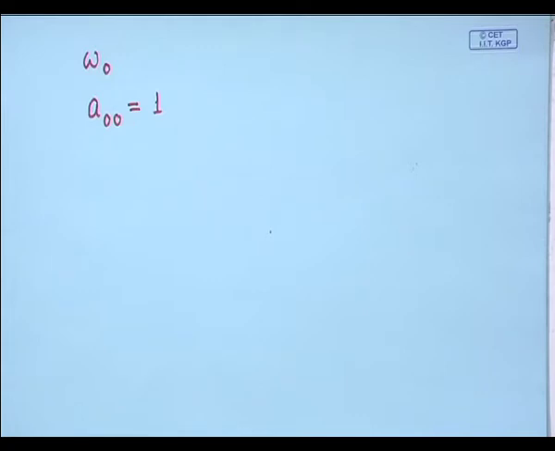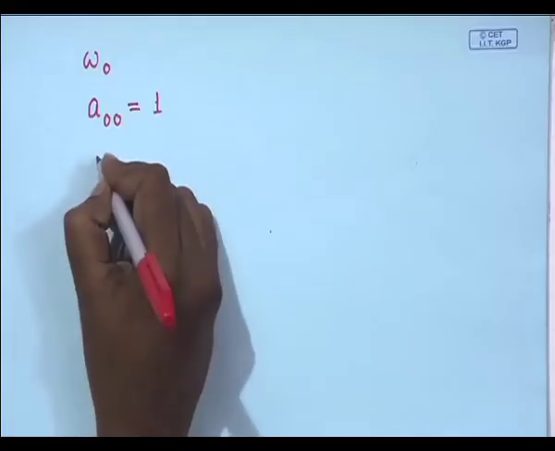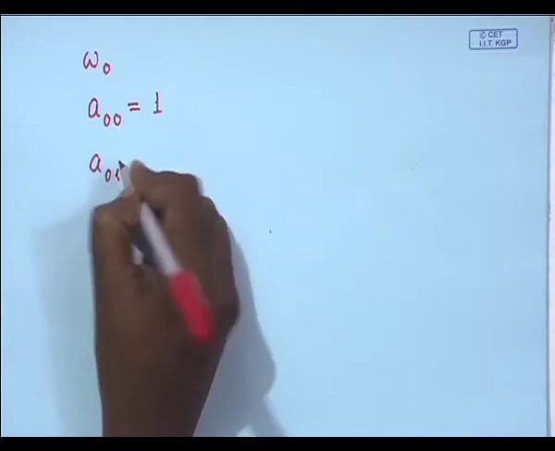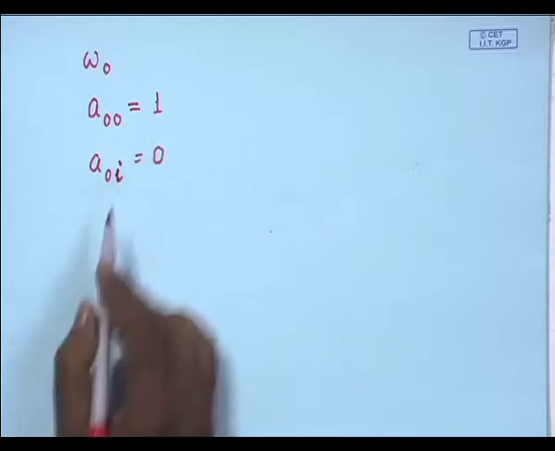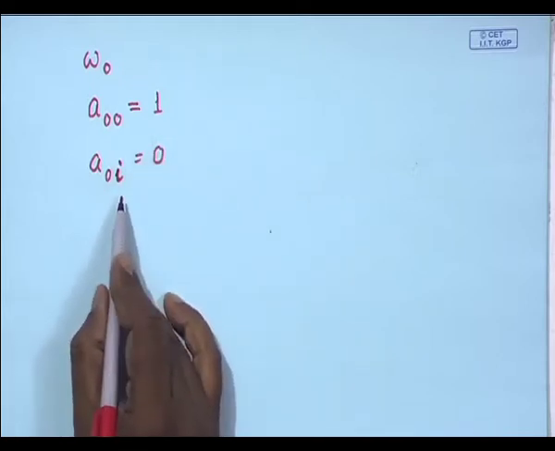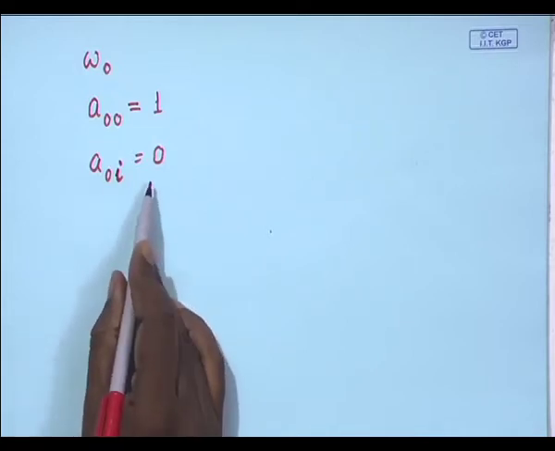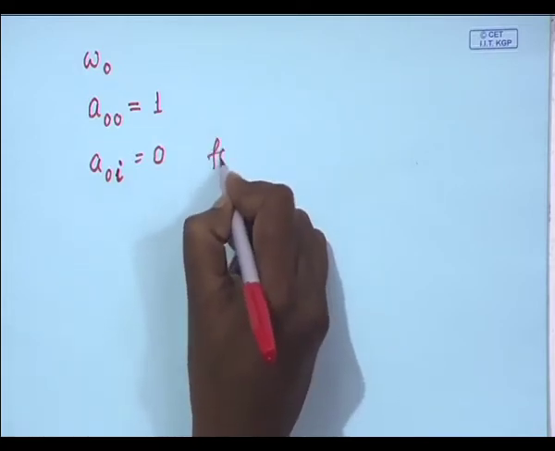Whereas, because I can't have a transition from omega 0 to any other state, I will always have A0i equal to 0, because from omega 0 I cannot make a transition to any other state omega i. So, A0i will always be 0 for all i.